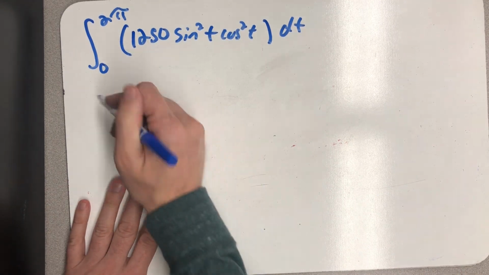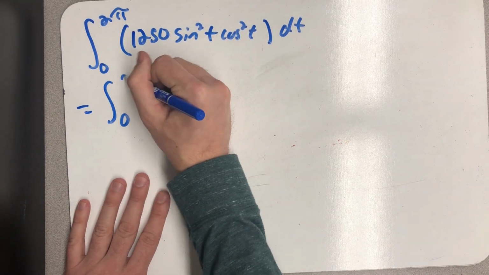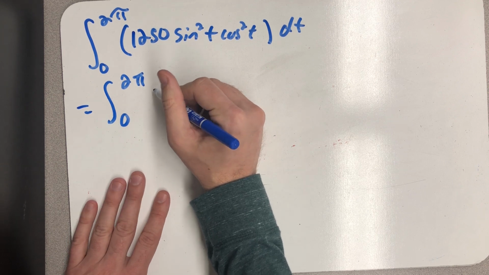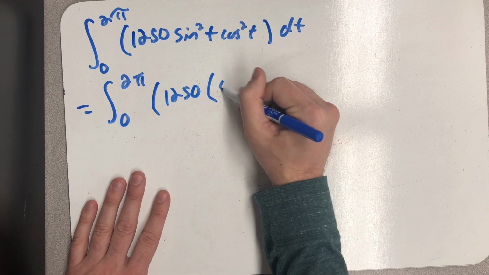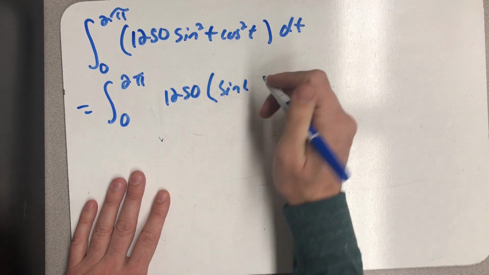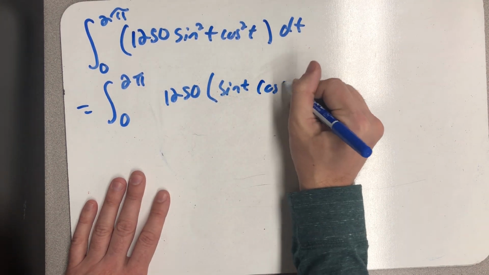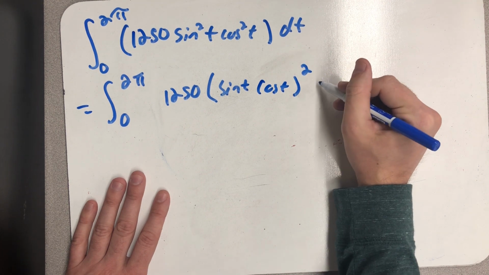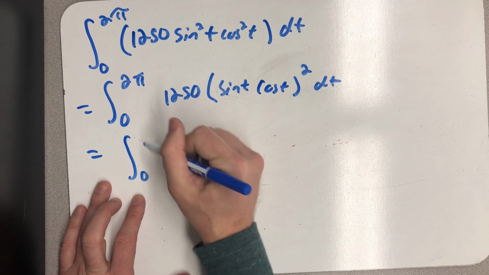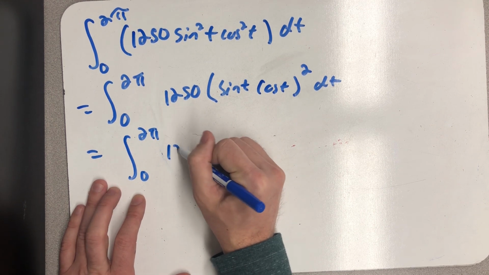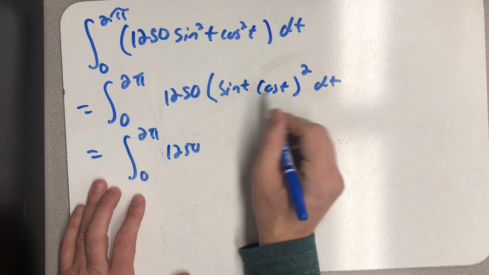Okay, well, I'm going to rewrite that. So I got the 1250, but I'm going to think of that as a sine t times cosine t, squared. Let's rewrite that.